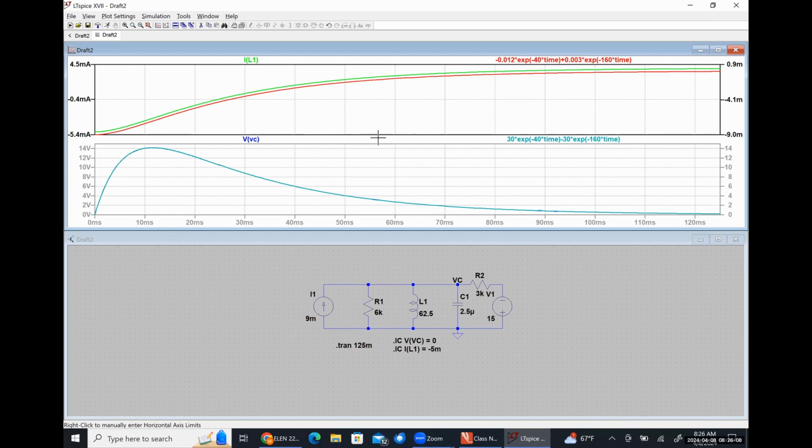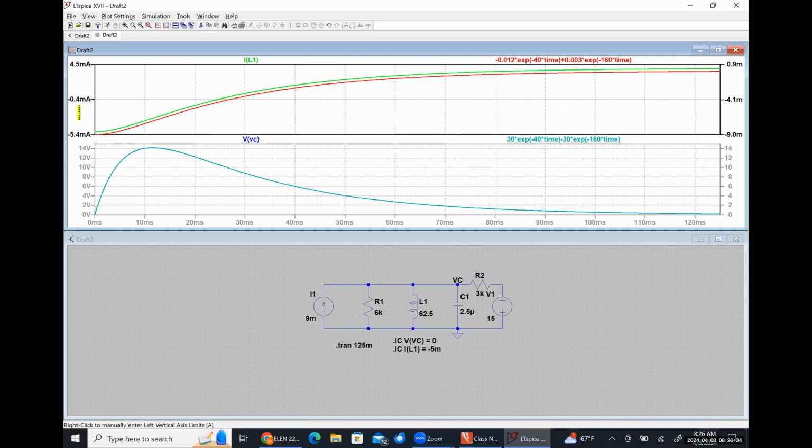One thing that I do want to point out here: the scale on the left-hand side is going from 0 to 14 volts. The scale on the right-hand side is also going from 0 to 14. So that's another quick thing that we want to double check just in case our answer looks off, right? If the curves completely overlap and the scale on the left-hand side and the scale on the right-hand side are identical, then we're good to go.